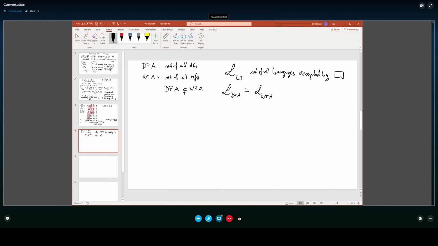Because, obviously, every DFA can be viewed as an NFA, so that shows this inclusion. But using the construction that I've just shown you an example of, it follows also that the other inclusion holds. Anything that I can do with an NFA, I can do with a DFA, and so you have both inclusions, which means you have the equality.